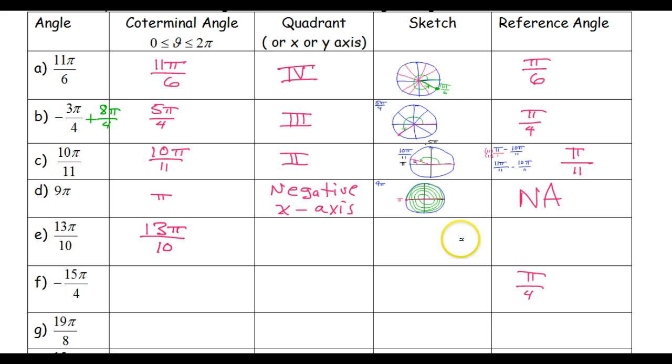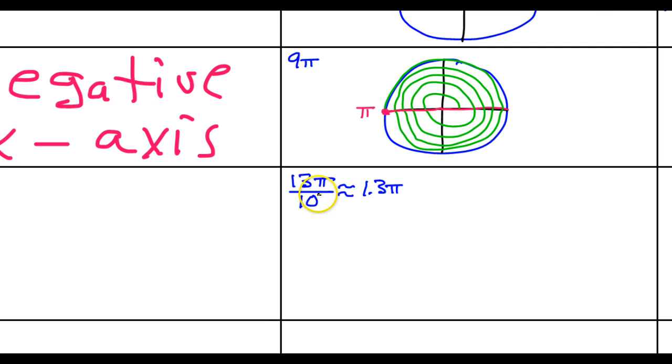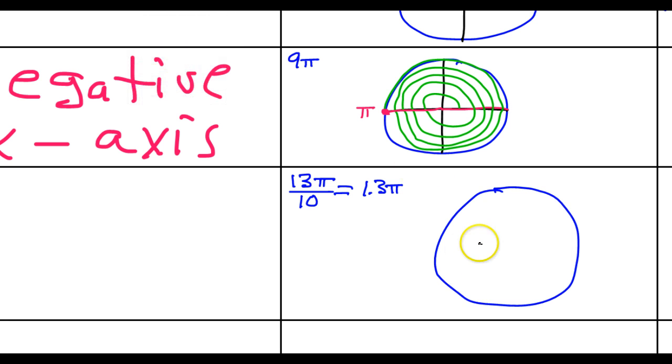Now, to figure out the rest of these, the sketch is actually what you want to do next. As we do this sketch, remember that 13 pi over 10 is 1.3 pi. Actually, that's not approximate, it's equal. So anyway, here's my unit circle. There's pi right there, the semicircle.